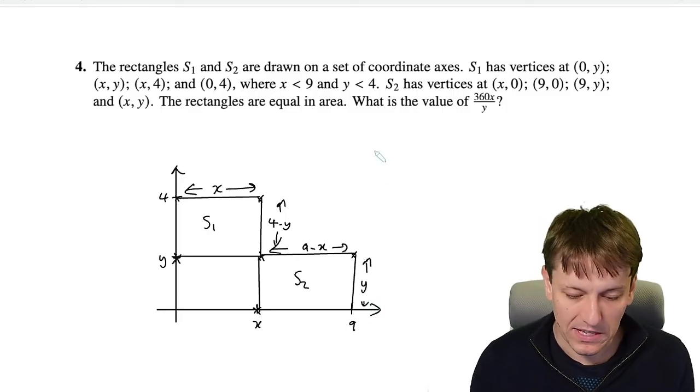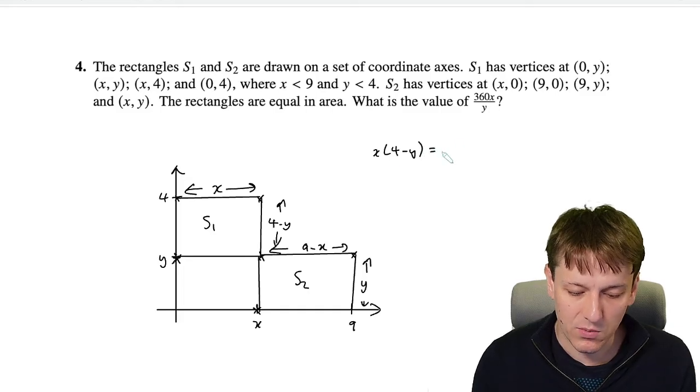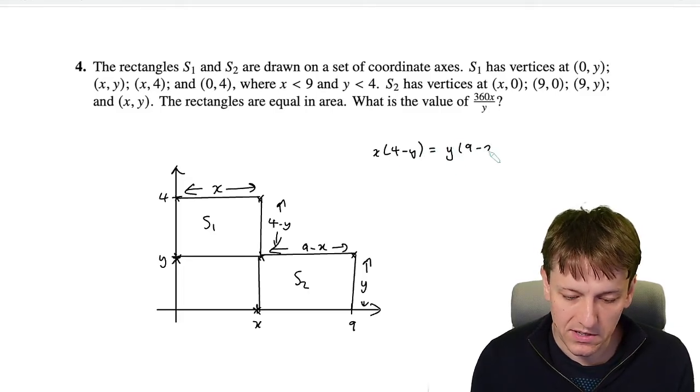The area of the rectangle is just base times height, so I've got x times 4 minus y equals y times 9 minus x.